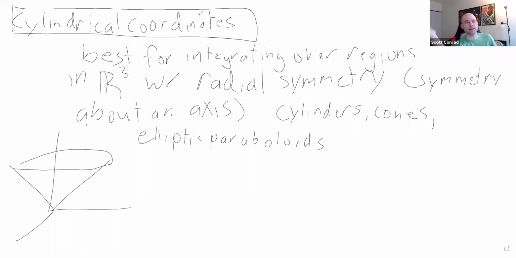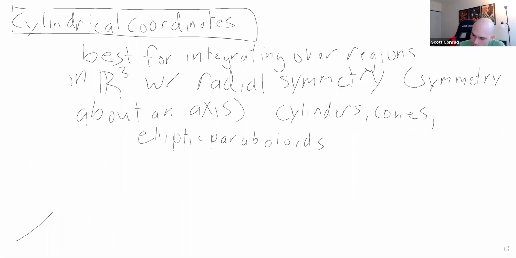You just take your slanted line and you rotate it about the z-axis. That's radial symmetry there. And then sometimes we might see elliptic paraboloids.